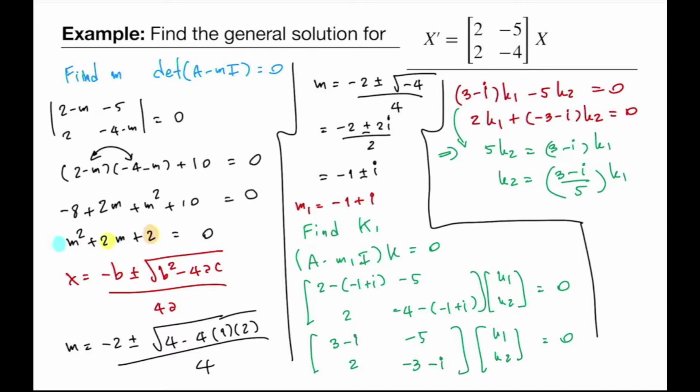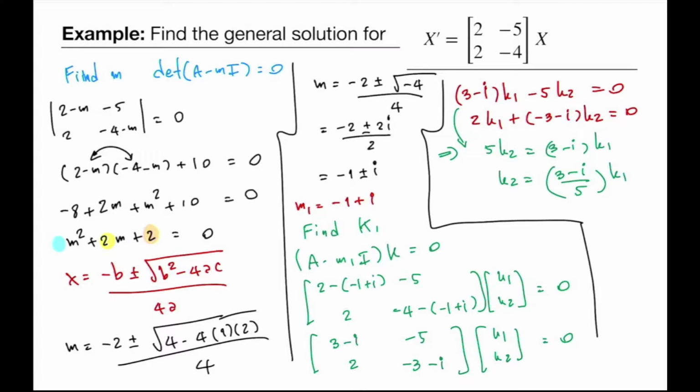And then you just take one of them, let's say m1 equals minus 1 plus i. After that, you take this equation, which is the one that we have used many times, right? And then we obtain this system of linear equations in k1 and k2.